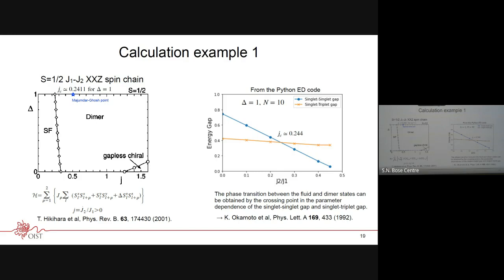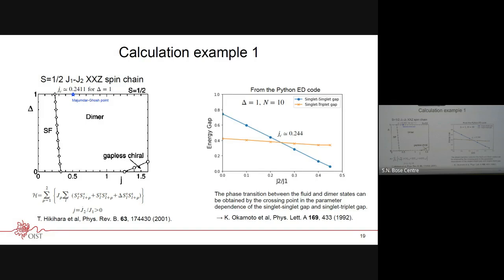So my example code can deal with the phase transition between the singlet states and dimer states, for example, at the Heisenberg point. This transition point can be evaluated with just an n equal 10 system.